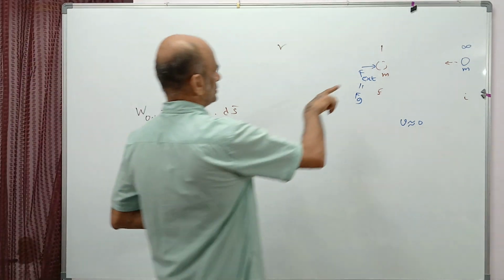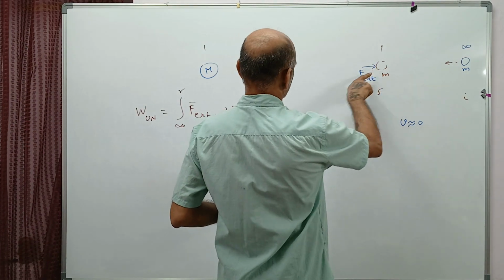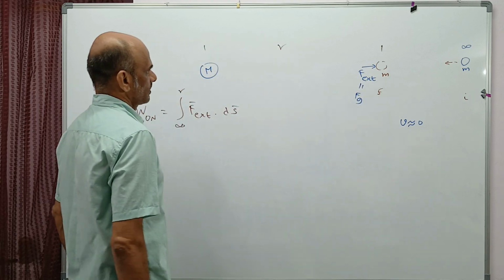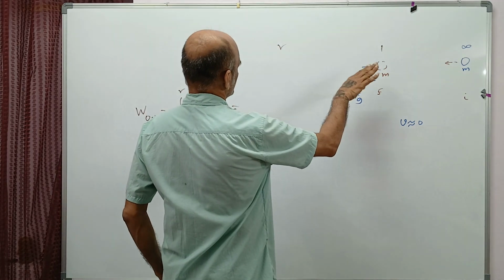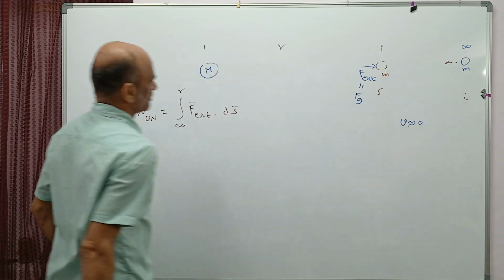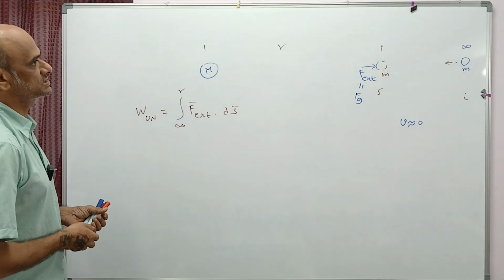F external is towards right because I have to apply this force to reduce the speed of this mass. Just like a brake applied to your vehicle, you have to reduce the speed so that the velocity at any instant is very, very small, so that the kinetic energy of the system is zero.